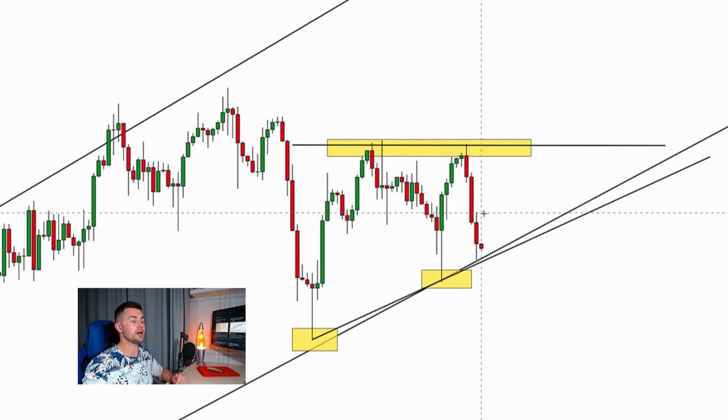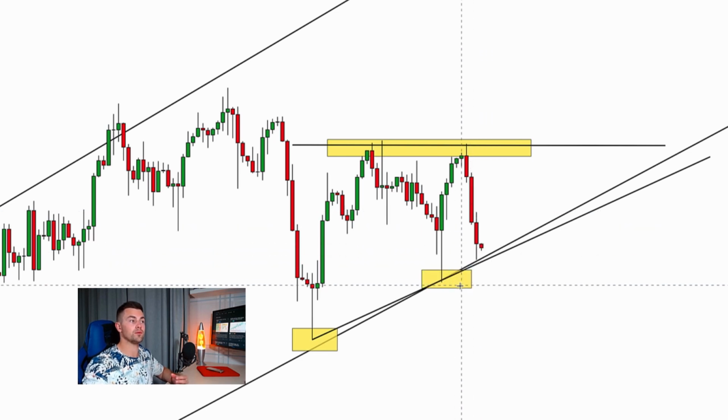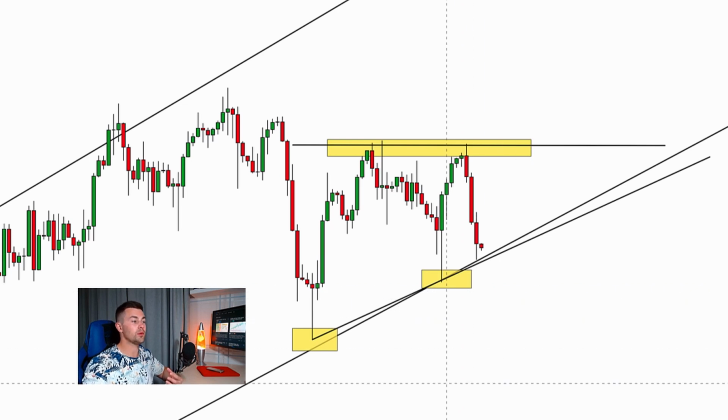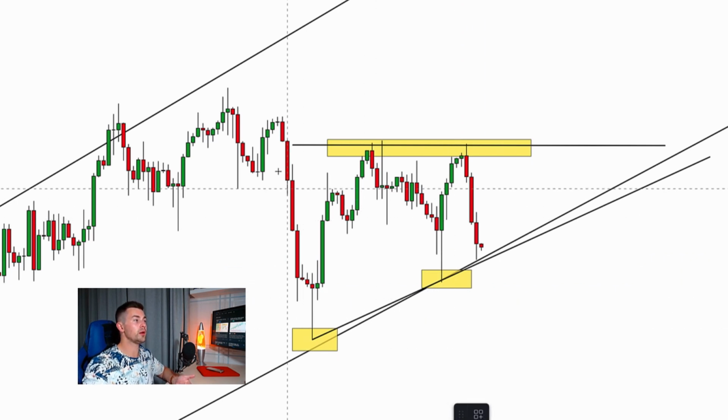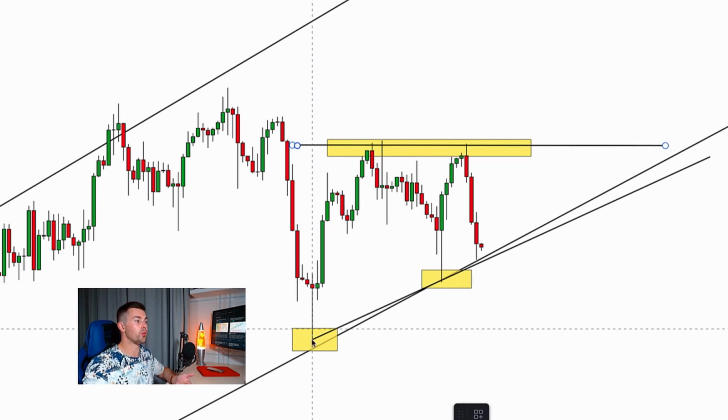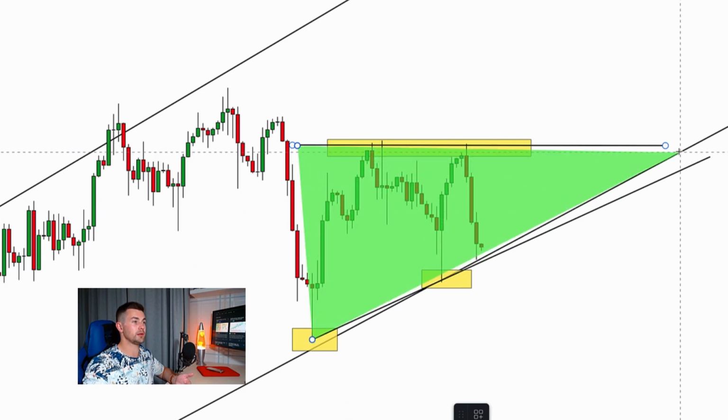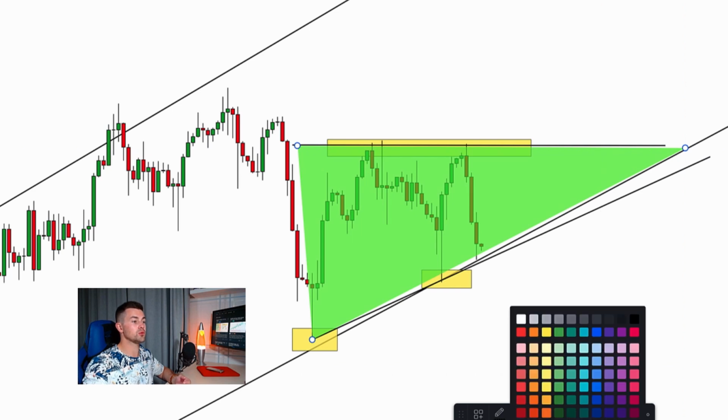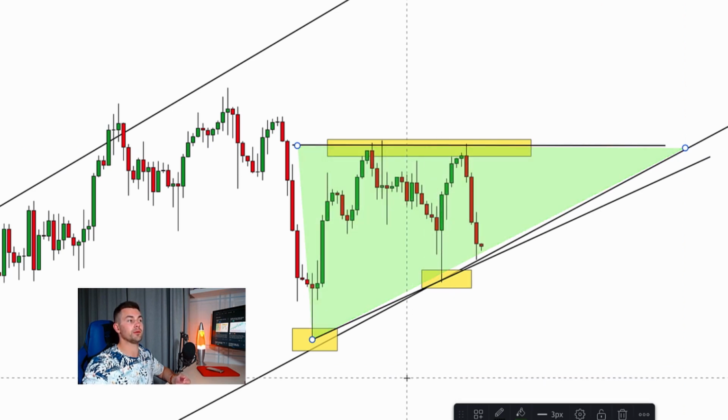So for now, though the pattern is not formed, there is a very nice potential to form that. And what we know about the ascending triangle, we call ascending triangle also a bullish accumulation, yes, and it is a very bullish bias pattern, and most of the time it tends to break to the upside.